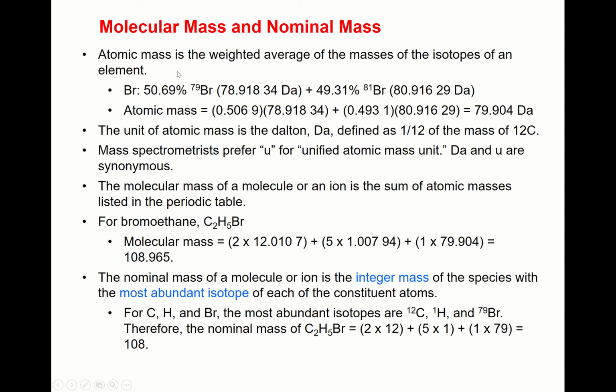It gives an atomic mass, okay. But what is the atomic mass? For example, bromine. Yeah? The bromine atomic mass in the periodic table says 79.904 Dalton. Yeah?